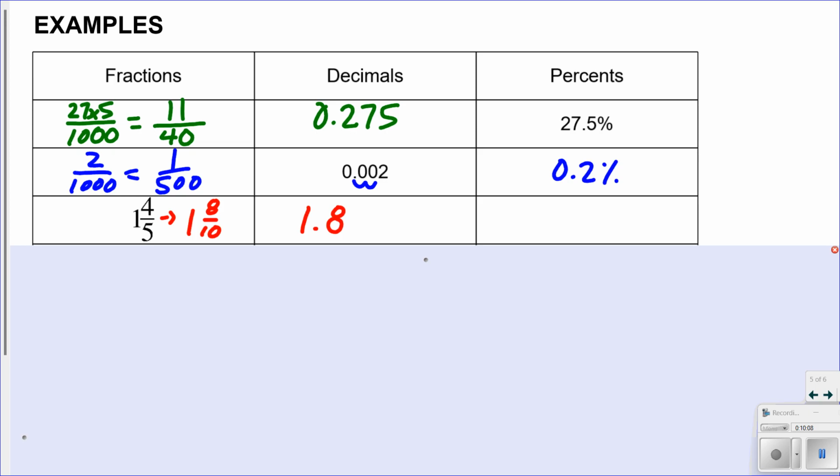So 1 4/5 is 1.8, and then to convert that to a percent, I multiply it by 100. That's 2 powers of 10. I move the decimal point 2 to the right. That's 180%.